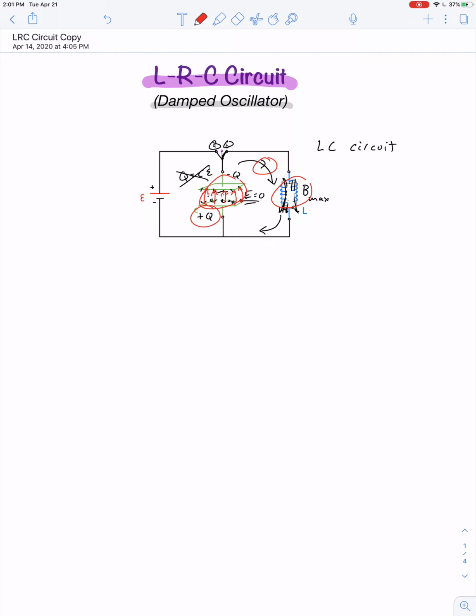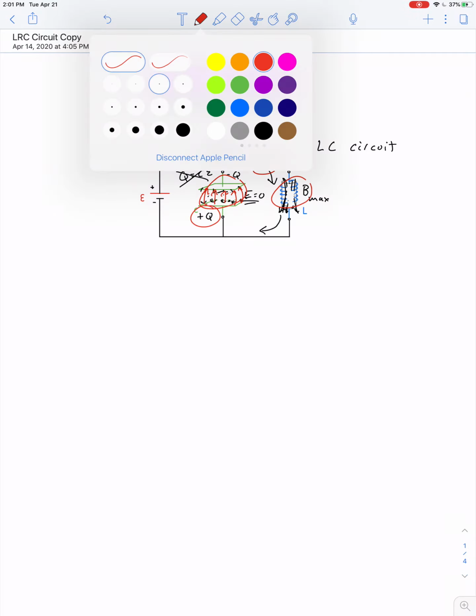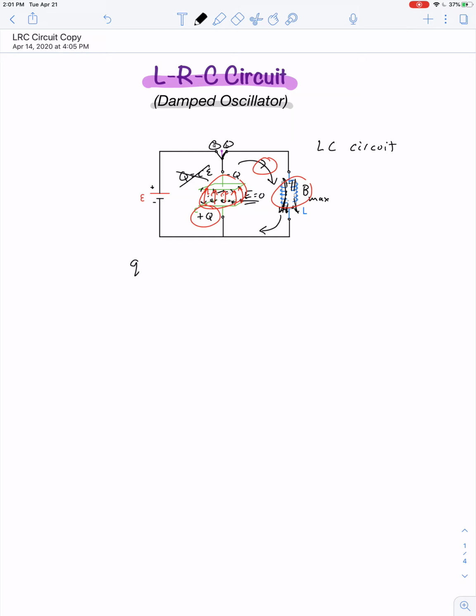In fact, everything is oscillating in this circuit. The charge oscillates according to the equation Q equals Q maximum times cosine of omega t, where Q maximum is equal to the product of the capacitance and the battery voltage, and omega, the angular frequency of oscillation, is equal to the square root of 1 over LC.